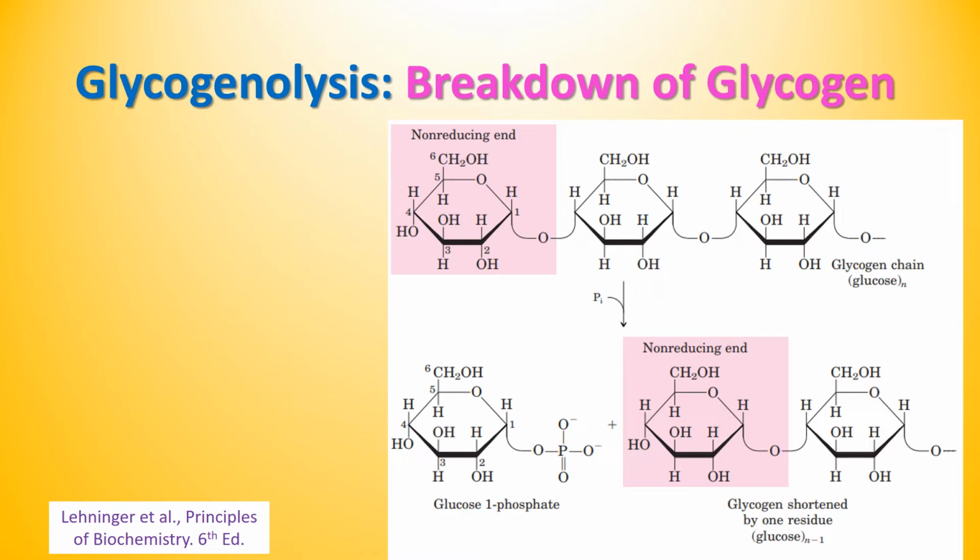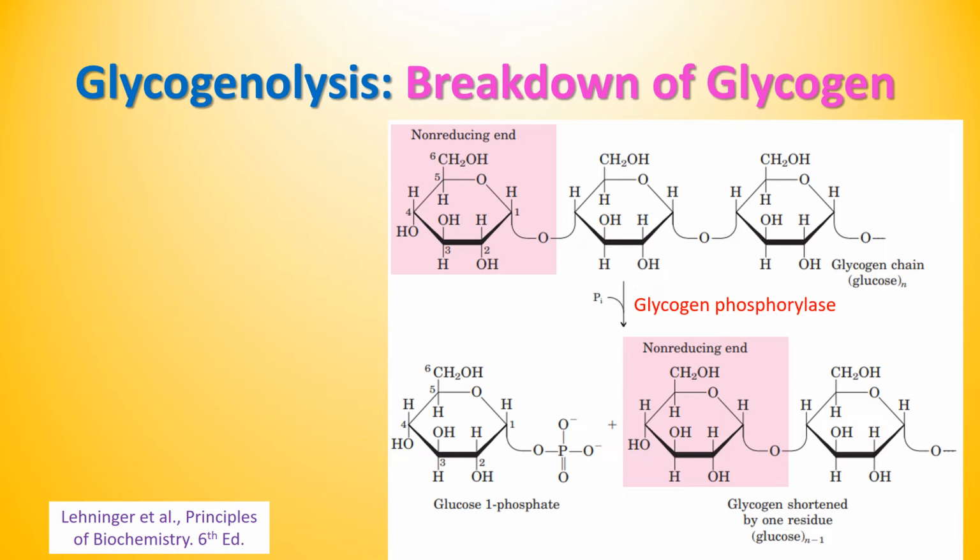Starting with the first step, if you look at the left side of the picture, there is a non-reducing end of glycogen, and due to the action of glycogen phosphorylase, it catalyzes the reaction in which the alpha-1,4 glycosidic linkage between two glucose residues at the non-reducing end of glycogen undergoes attack by inorganic phosphate.